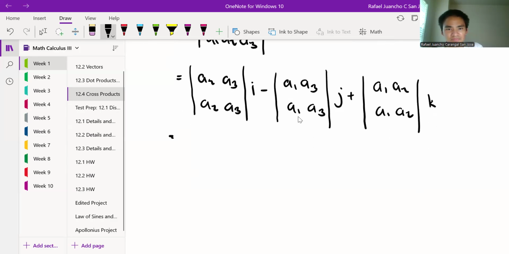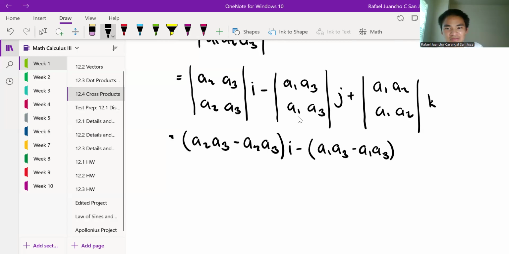Then we simplify it even more. A2, A3 minus A2, A3. Funny enough, it's 0. That's I. A1, A3 minus A1, A3 J plus A1, A2 minus A1, A2 K. So yeah, it's all going to be a 0.